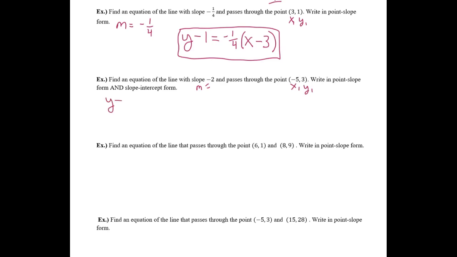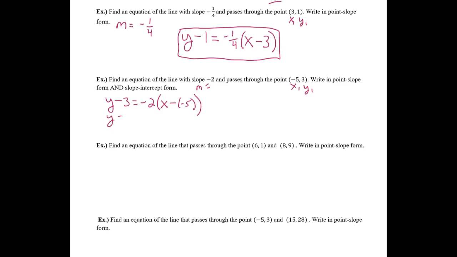Y minus y1 was 3 equals m, which is negative 2, times x minus x1. So don't lose your negatives. It is x minus a negative 5. So when I subtract the negative, that is going to become plus.